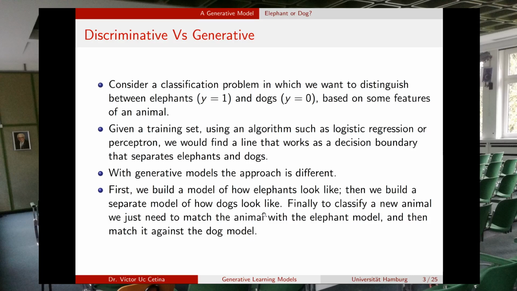And finally, to classify a new animal, we simply need to compute the probability that the new animal belongs to the group of elephants, using the model. Then we calculate the probability that that animal belongs to the other group, the dogs, and we will have another probability. So then we simply check which one of these probabilities is the largest one, and then we can make a decision.